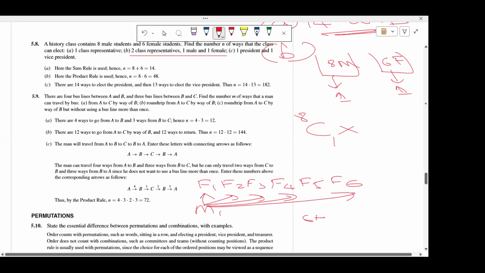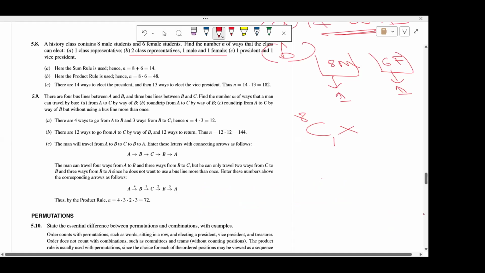Similarly, male 2 has 6 possibilities, male 3 has 6 possibilities. Likewise, with 8 males, we have 8 times 6 possibilities. That's why we take 8 into 6, 48. So we are not taking addition; here we are taking multiplication. That is the product rule.